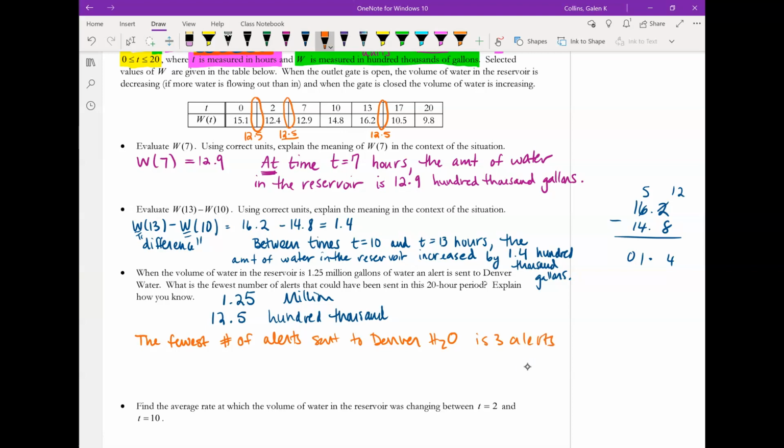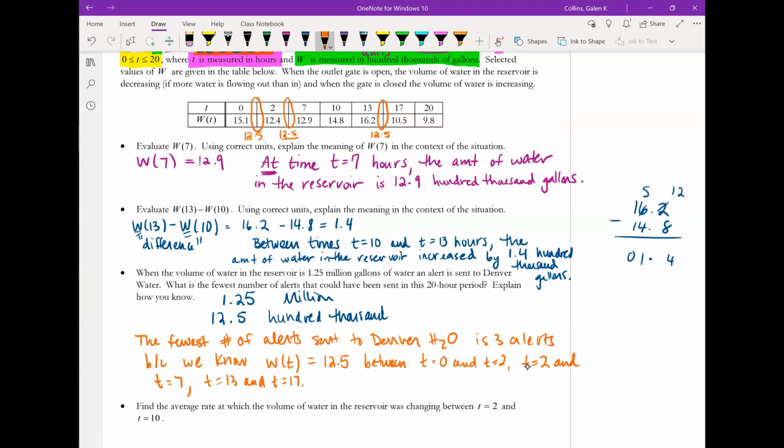And then when we explain how we know, I'm going to say because we know that W of t must equal 12.5 between t equals 0 and t equals 2, t equals 2 and t equals 7, and then lastly between t equals 13 and t equals 17.